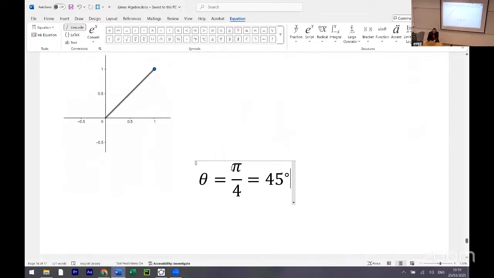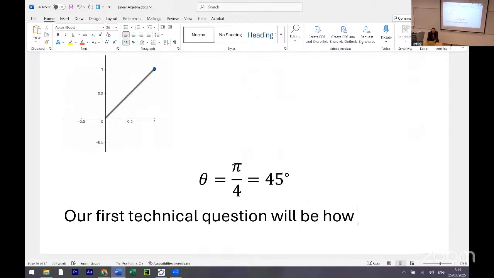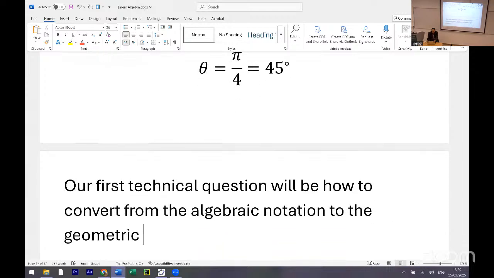So our first technical question will be how to convert from the algebraic notation to the geometric one and vice versa.